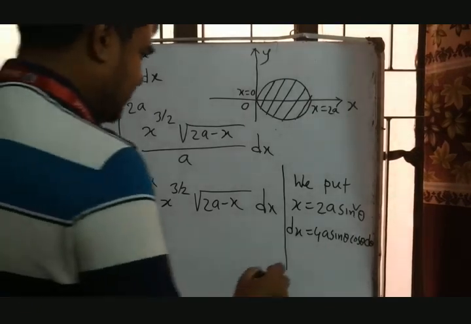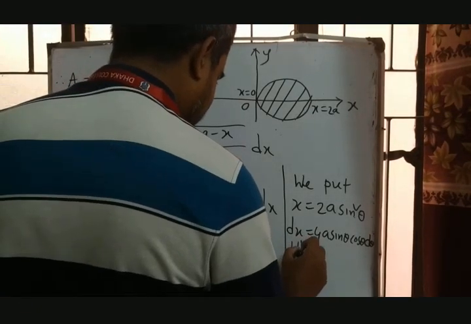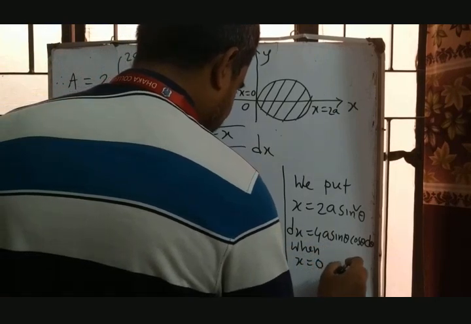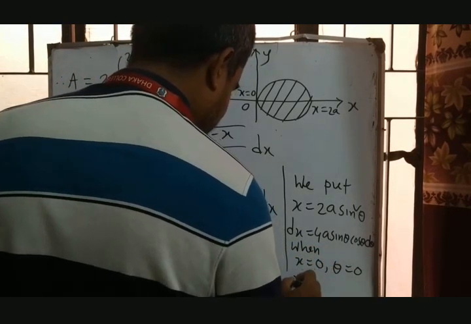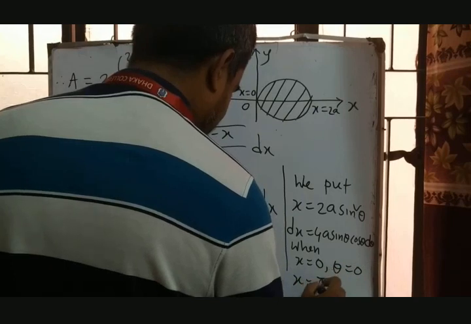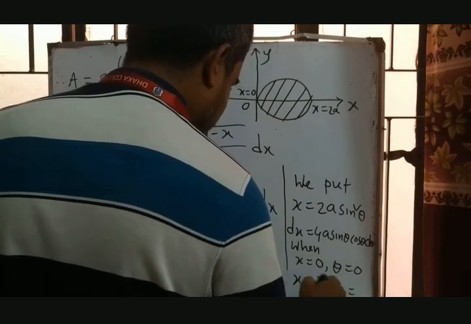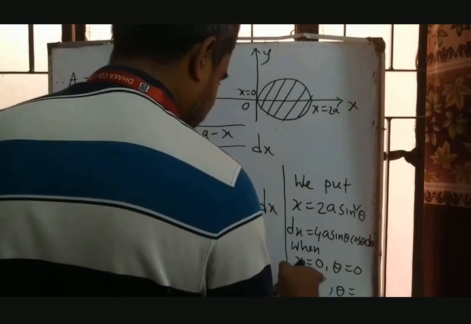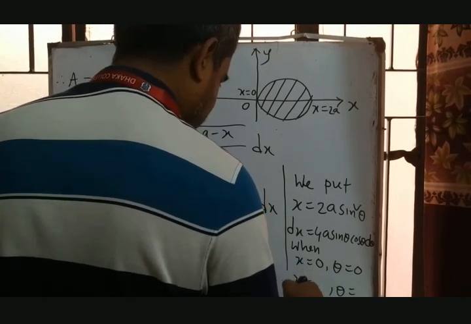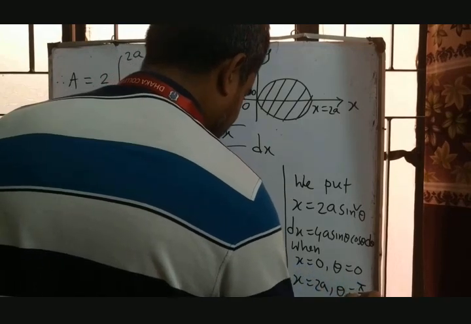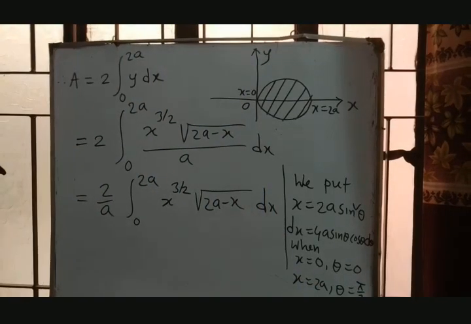And the limit changes: when x is equal to 0, theta is 0, and when x is equal to twice a, theta goes to pi by 2.